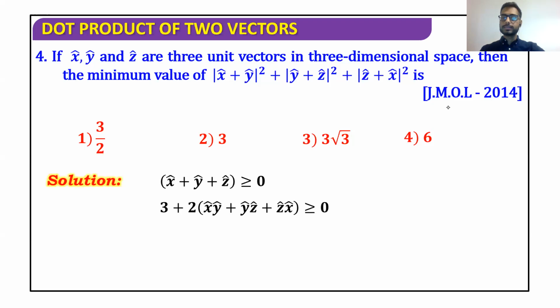The question is to find the minimum value. Therefore, we are going to consider the greater than or equal to sign in this case. On squaring, I'm going to get this term, which was similar to the previous example. Only in the previous example, the terms x, y, and z were replaced with a, b, and c.